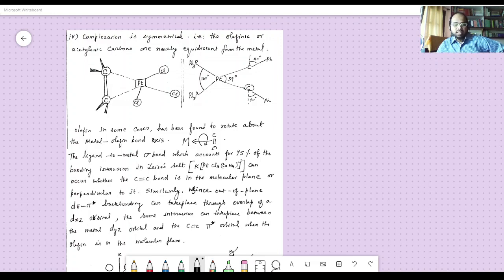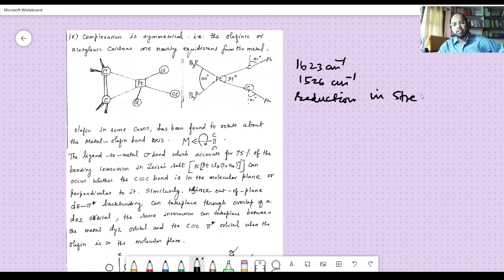I think I told you about the reduction from 1623 centimeter minus 1 to 1526 centimeter minus 1. The reduction in stretching frequency is a direct consequence of the donation of electrons into the pi star orbital.